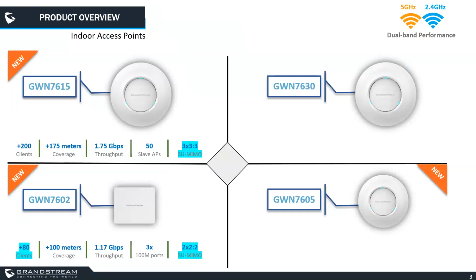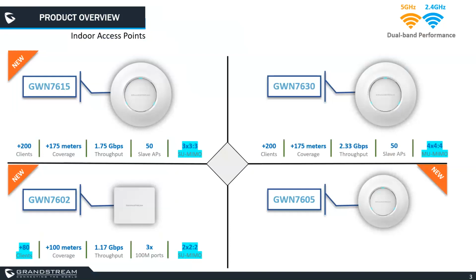And one thing about this model, it comes with 3 fast Ethernet ports with the PoE support. This solution is usually implemented in hotel rooms, and it's an ideal solution for that scenario because it allows you to use both wireless and wired connection. This model is built with 2x2 single user MIMO technology.